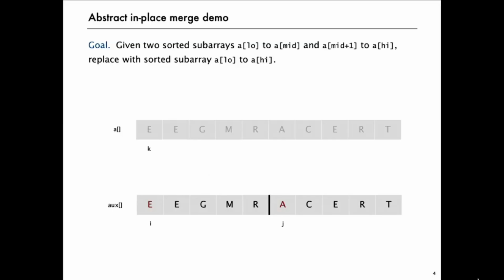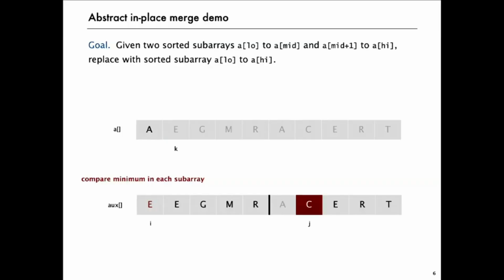So the first thing we do is take the smaller of the 2 entries pointed to by I and J and compare those, and take the smallest one and move that one to be the next item output. And whichever one is taken, we increment its pointer. Now we compare the minimum again.